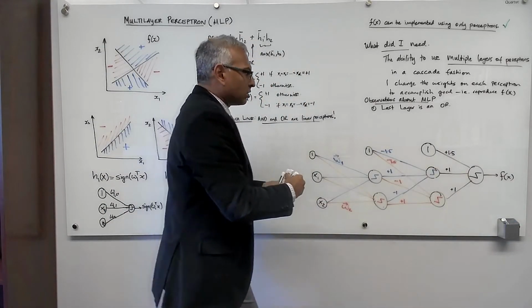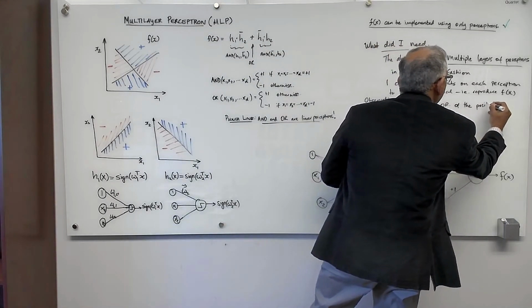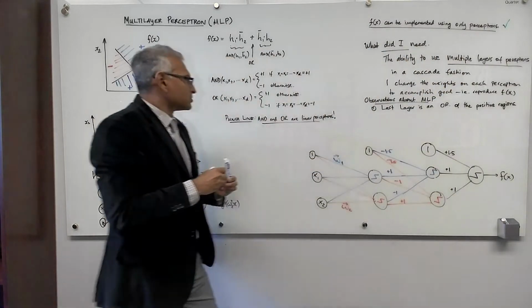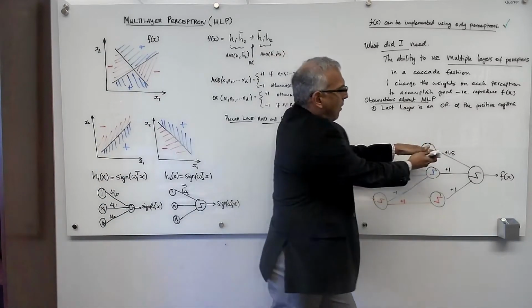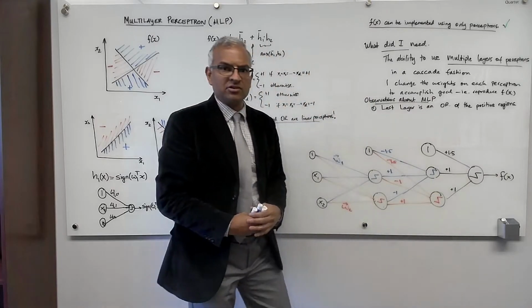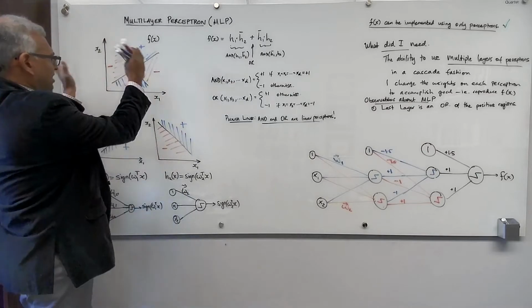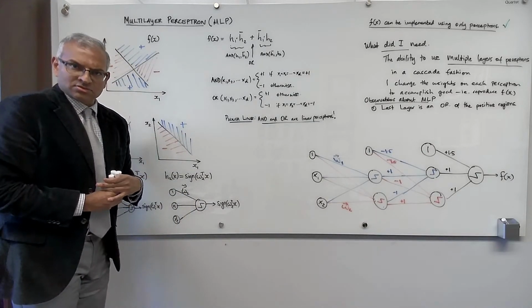So the last layer is an OR of the positive regions. If I had more positive regions, I would just have a wider perceptron here. Fortuitously, I had just two positive regions, but you could imagine having more than two, or even fewer than two.